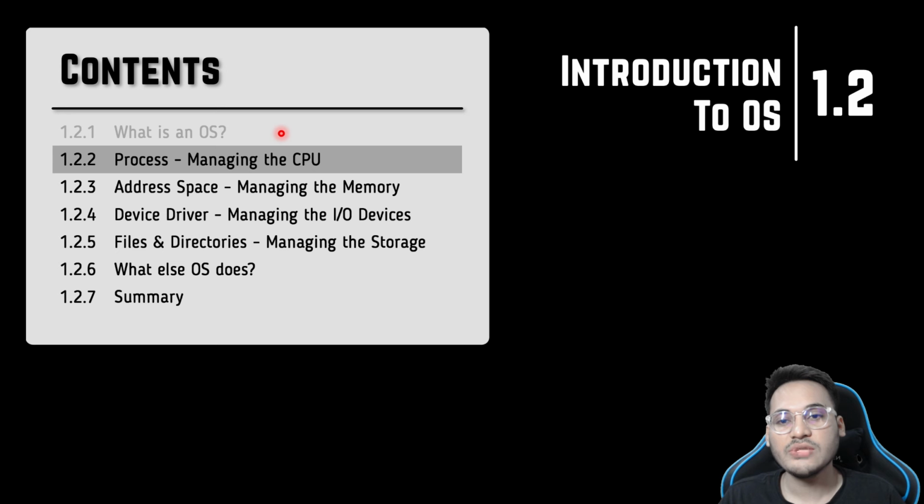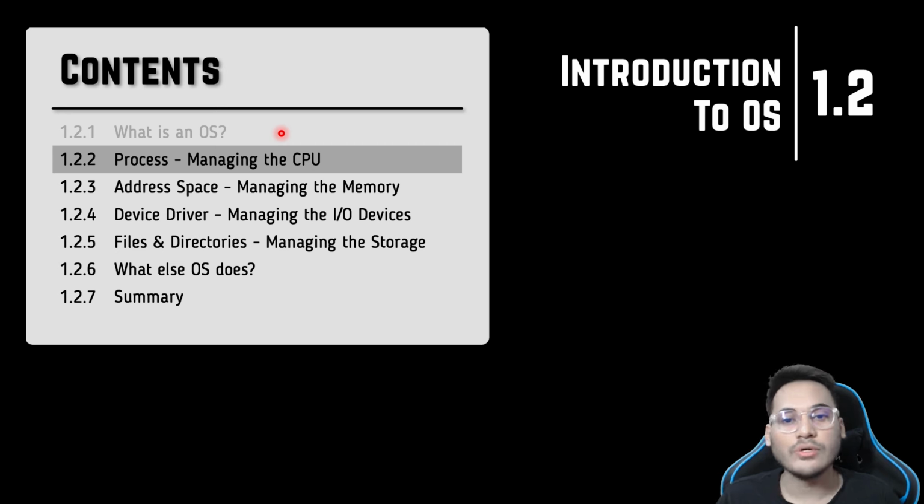In the previous video, the first video, we said that the operating system is a special piece of software that manages the computer hardware, and it has two fundamental responsibilities: to make the computer hardware easy and efficient to use.